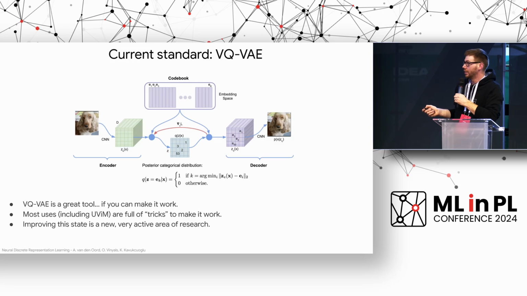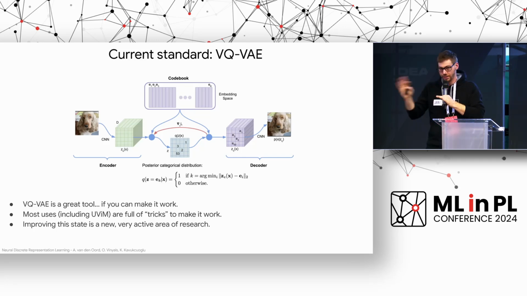Now in your bottleneck, for each of the vectors you have, you just look up in the dictionary what's the most similar and you replace it by that. And that's it. Then you have some special losses that make the dictionary entries be learned to be more similar to those that are encountered here. And the decoder reads those and regenerates the image. That's the very quick gist of a vector quantized autoencoder.